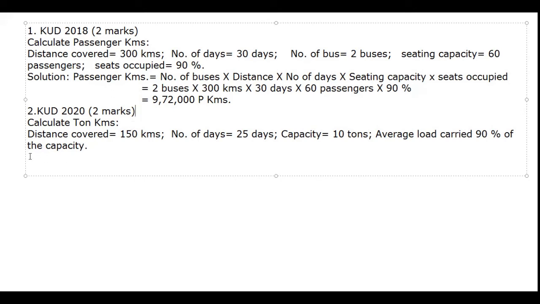So for this also we have seen the formula. Let's do the solution. Ton kilometers is equal to distance into number of days into loading capacity into what?